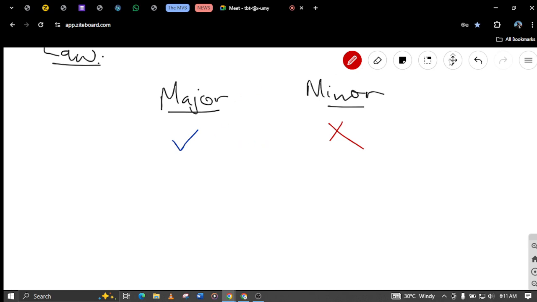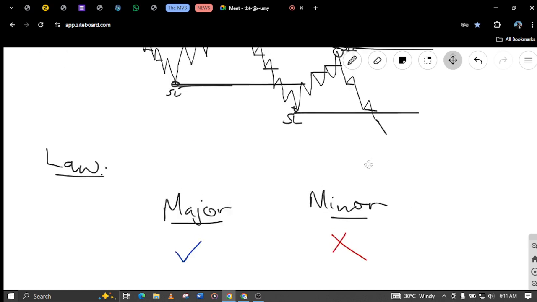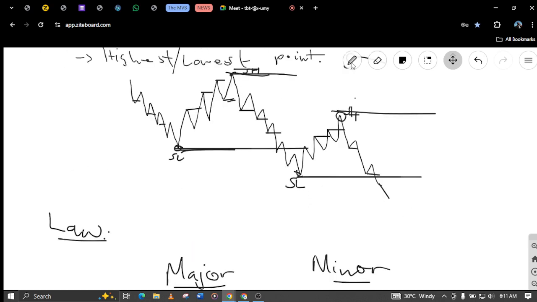Because when the market breaks a major structure, we should not consider these small structures. We need to consider the whole structure, meaning if we want to make a decision inside that major structure, we have to consider the whole structure in trying to find the most possible area for the market to react and move.